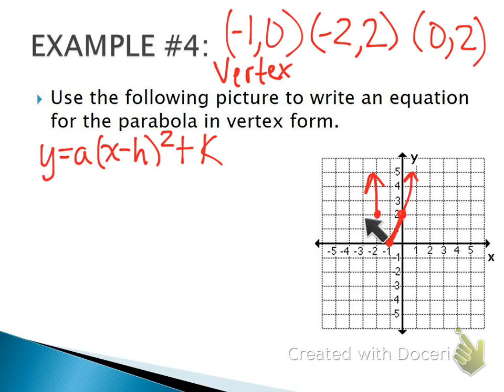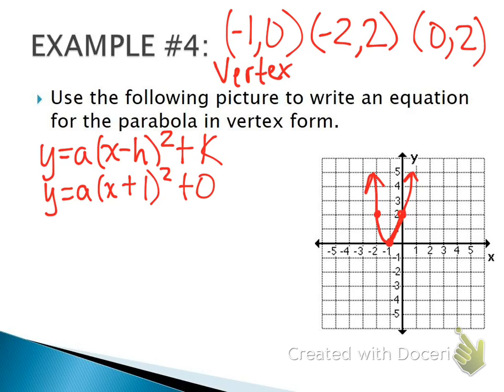So that point was my vertex. I'll label it up here, or you can label it on your graph. When I plug that in, that gives me y equals a times (x plus 1). We were subtracting, and this h is negative. Subtracting a negative means that we are really adding 1. And then what about k?